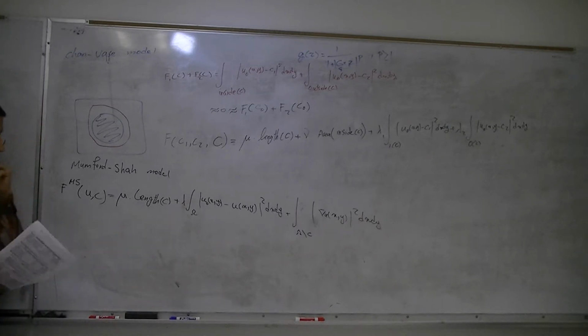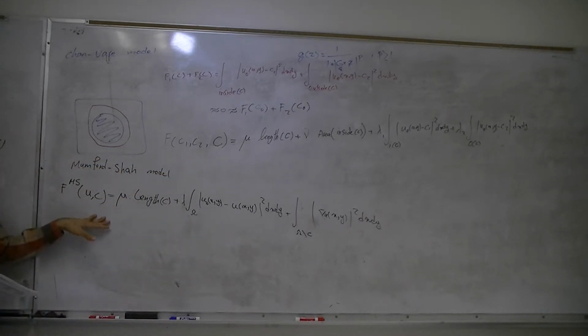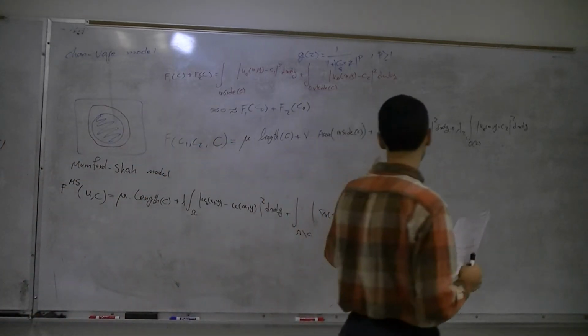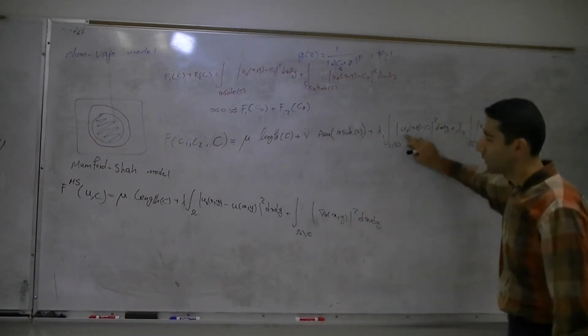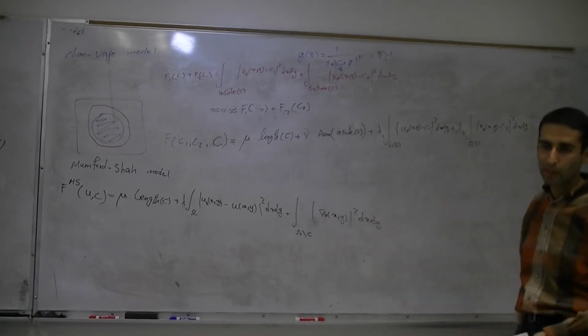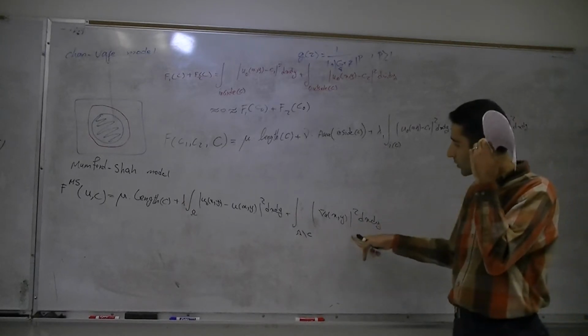As I said before, this function is inside this one, because we assume that the image inside and outside is piecewise constant, and because of this the gradient term is equal to 0.